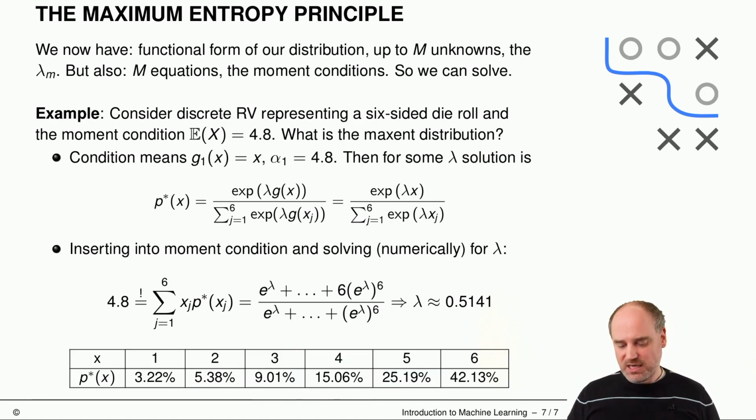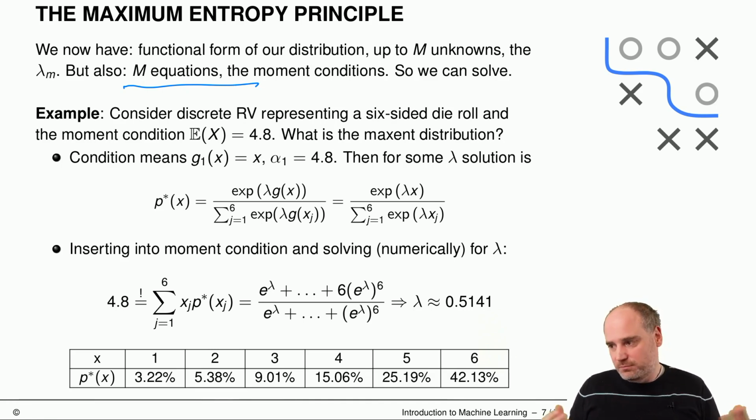Can we solve that? Yeah, we can, because we're also being given m equations, because we're being given m moment conditions. So we have now m equations in m unknowns. And these equations are not necessarily linear. They might be nonlinear, but in any way we now have m equations in m unknowns, and that means we can at least usually numerically solve that.